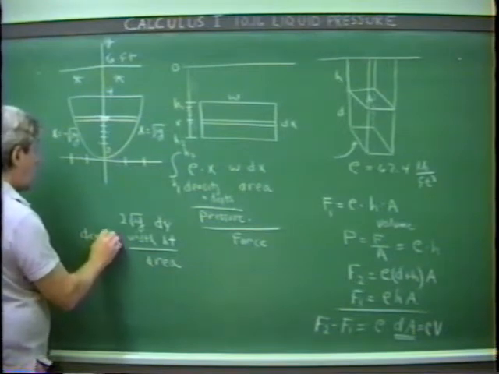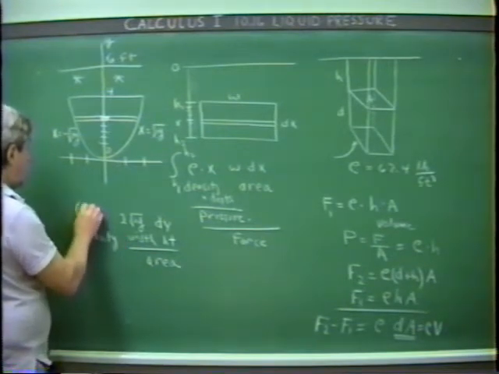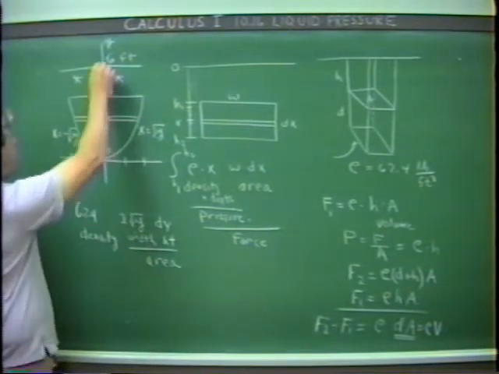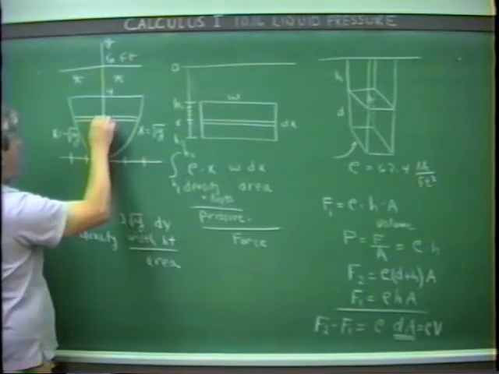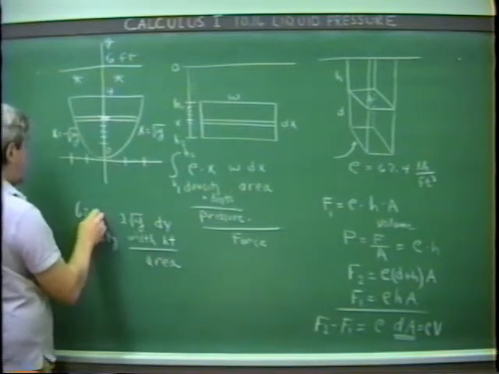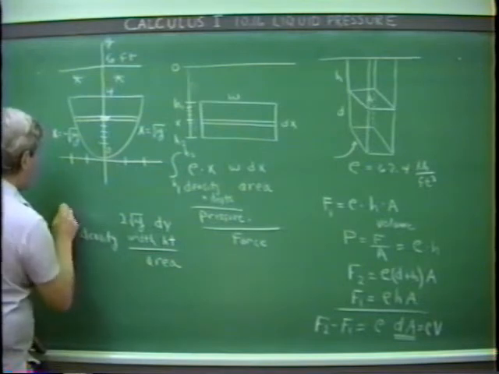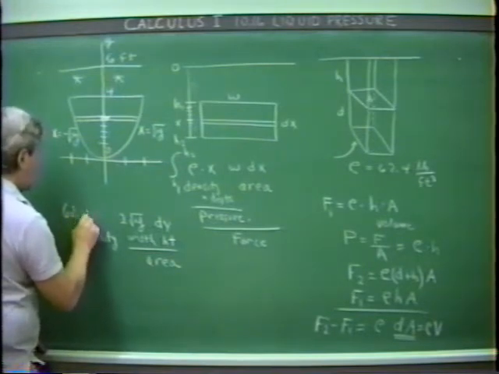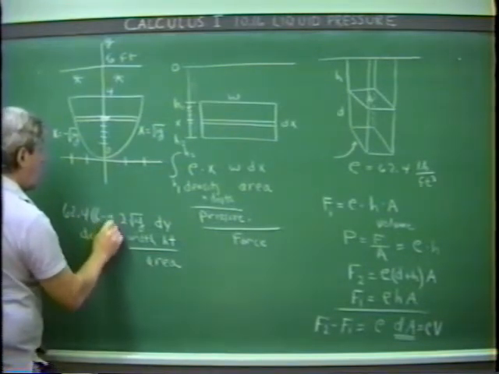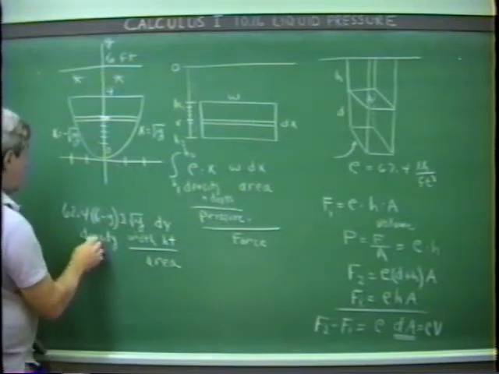And now the pressure is going to be the density, 62.4, times the depth. The depth of this piece here, y is in this interval. The depth is 6 minus y.